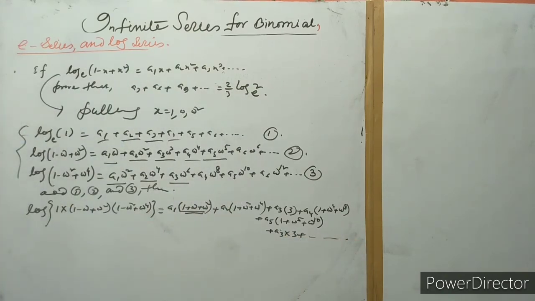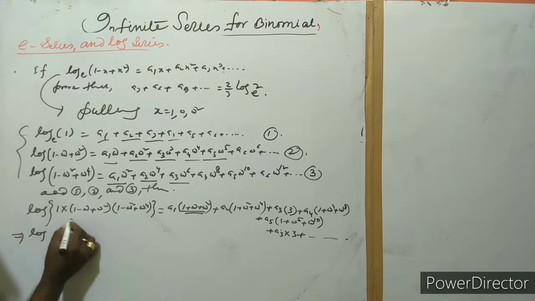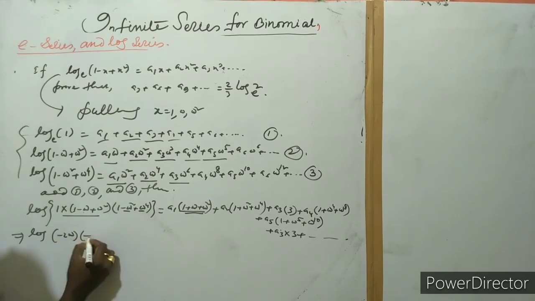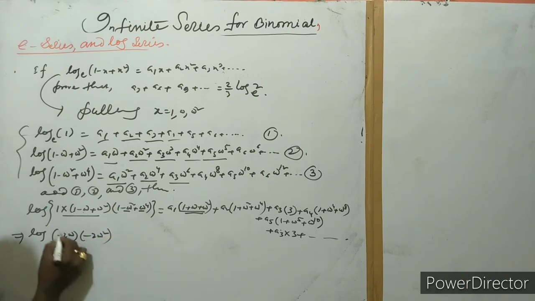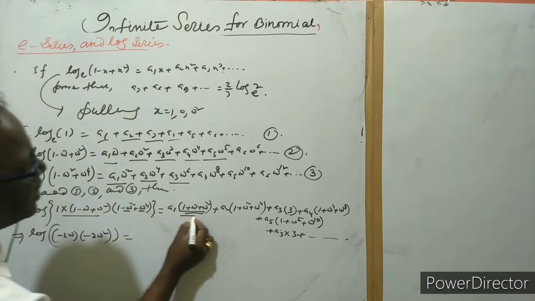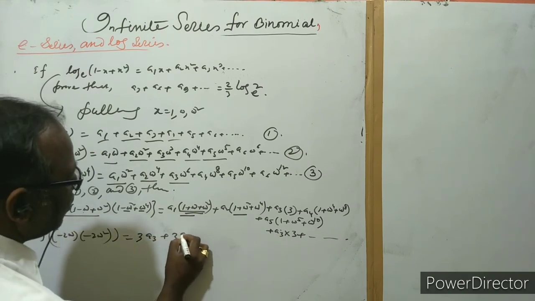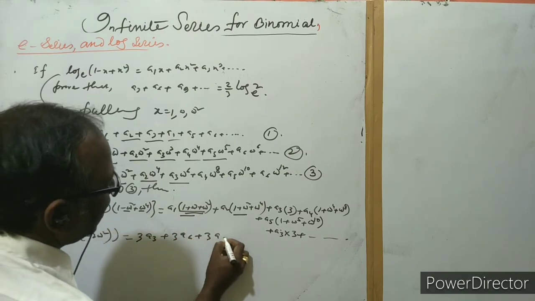So similarly, this is here the logarithm of what? This is minus 2 omega and this is minus 2 omega square. Okay, and all are 0, but 3 into a3, 3 into a6, 3 into a9 are left there.